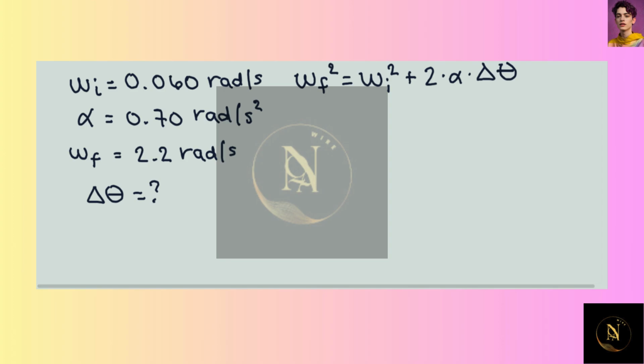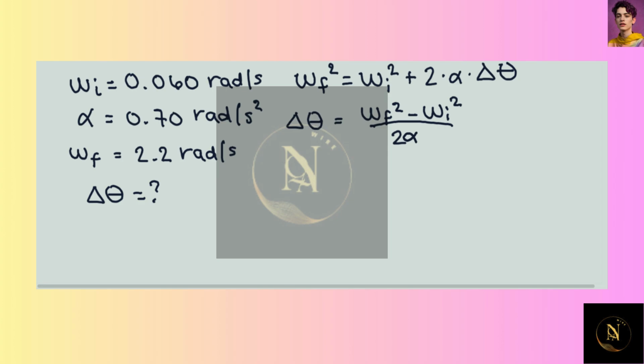Because we're interested in delta theta, we'll rearrange this so that delta theta is on the left and everything else is on the right. So we have delta theta equals the difference between the final angular velocity squared and the initial angular velocity squared, all over 2 times alpha, the angular acceleration.